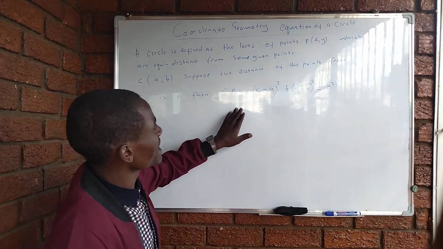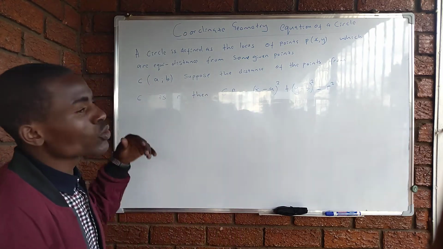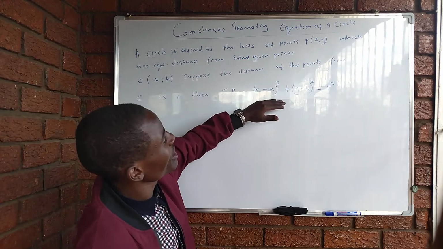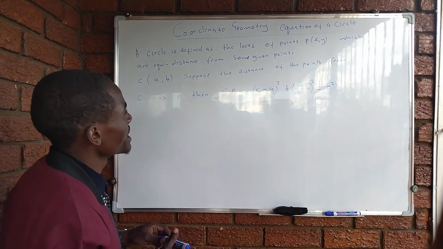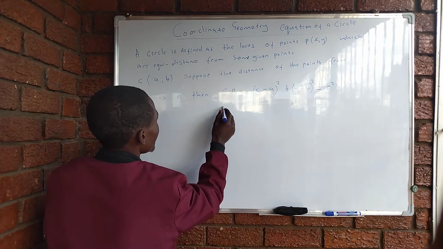When we did coordinate geometry on the previous slide, we covered the equation for the distance between 2 points. So now we can put all this information on a diagram like this.